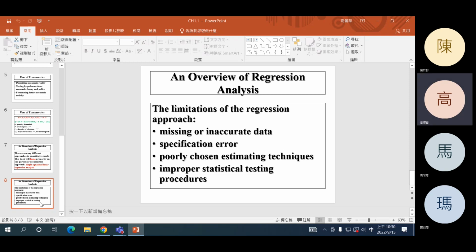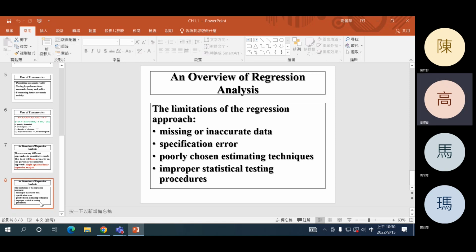For example, the first one: sometimes we have missing or inaccurate data. Since we're using past data to test the reality of the economic theory, if the data we need is missing or even inaccurate, then in regression analysis, usually we say garbage in, garbage out.